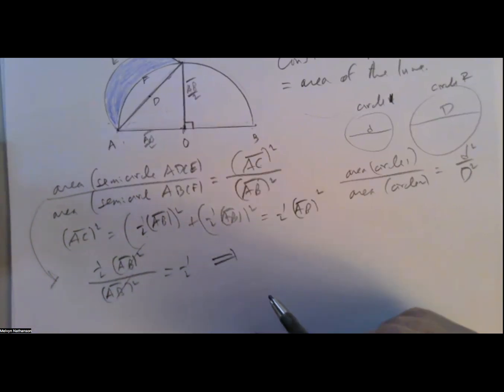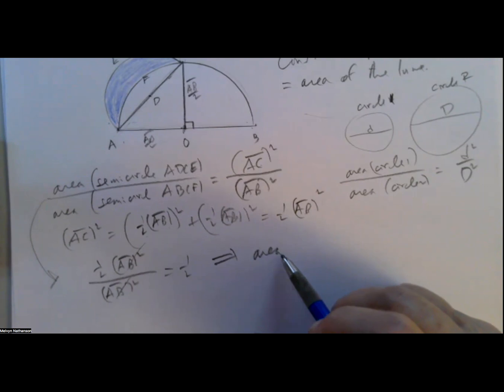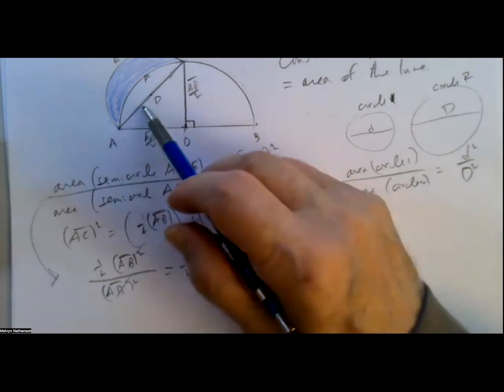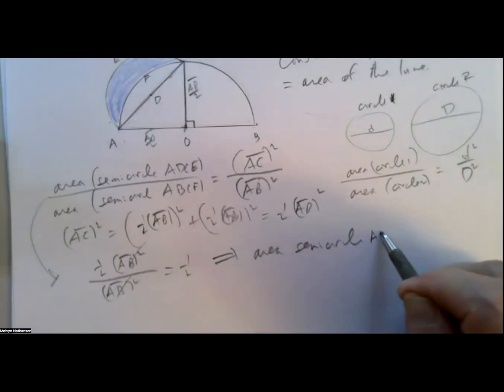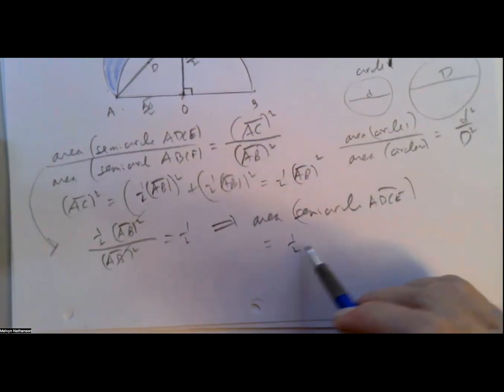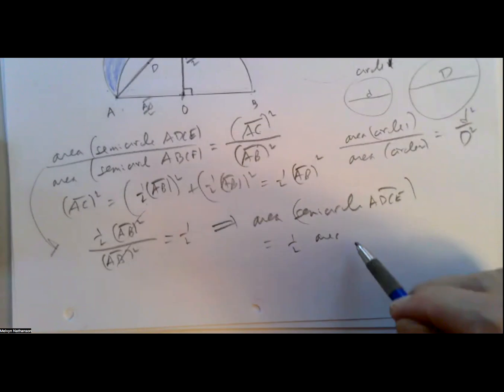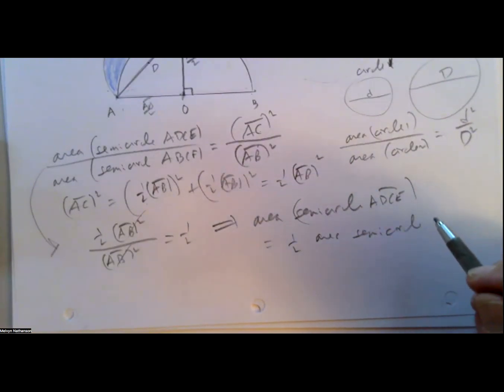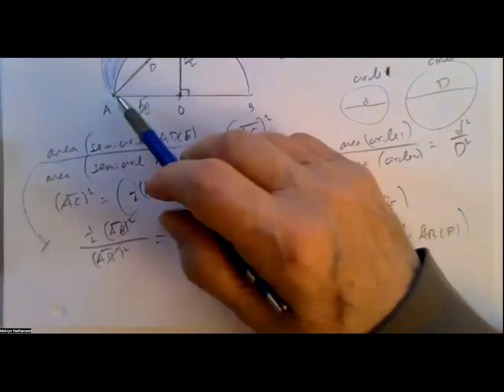So that means that the area of the semicircle ADCE is half the area of the semicircle ABCF, but this semicircle is divided into 2 quadrants.